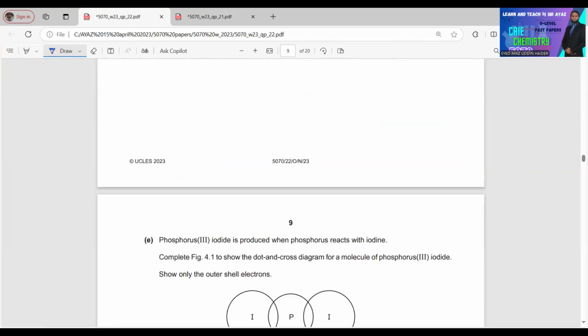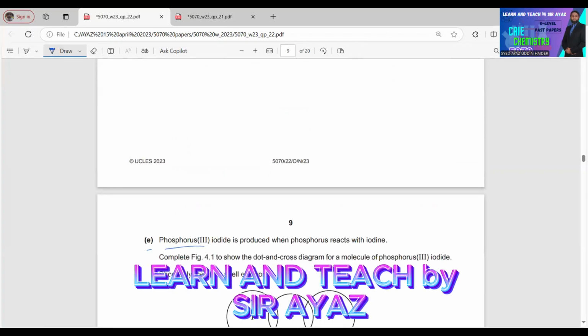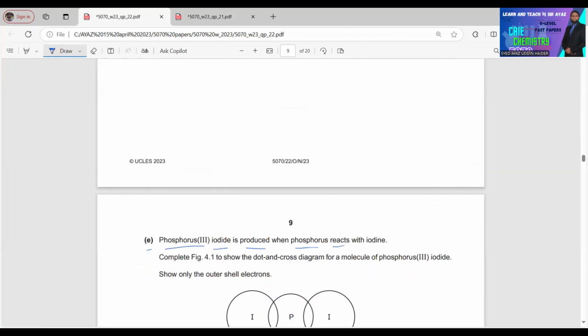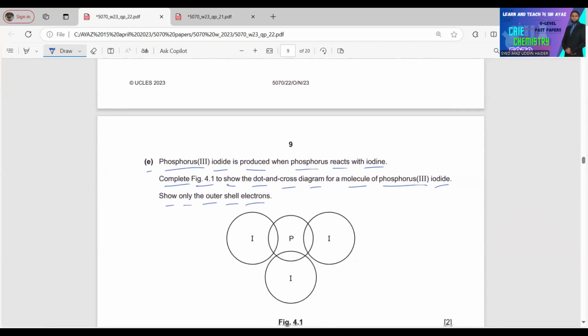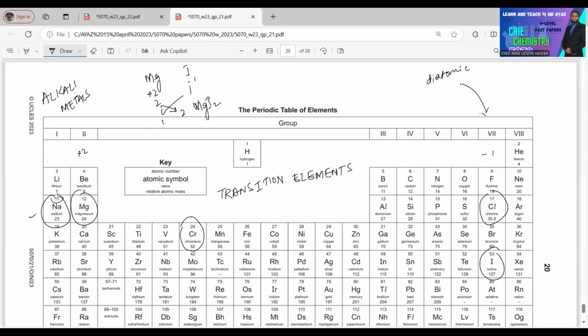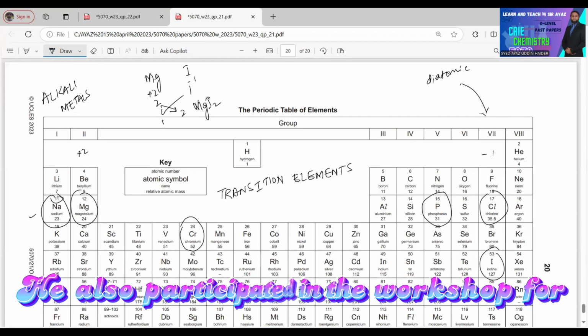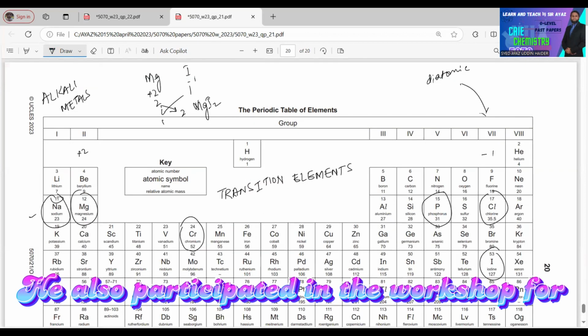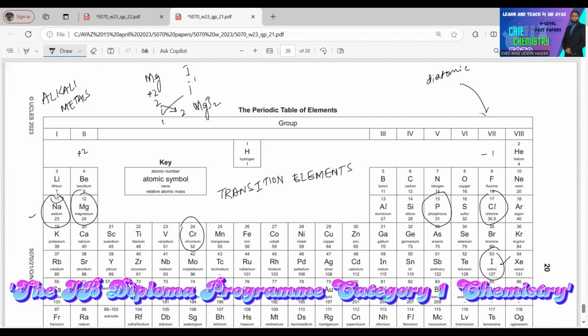Part E. Phosphorus(III) iodide is produced when phosphorus reacts with iodine. Complete figure 4.1 to show the dot and cross diagram for a molecule of phosphorus(III) iodide. Show only the outer shell electrons. Phosphorus is in group 5, which means it has 5 valence electrons. Iodine is in group 7, so it has 7 valence electrons.